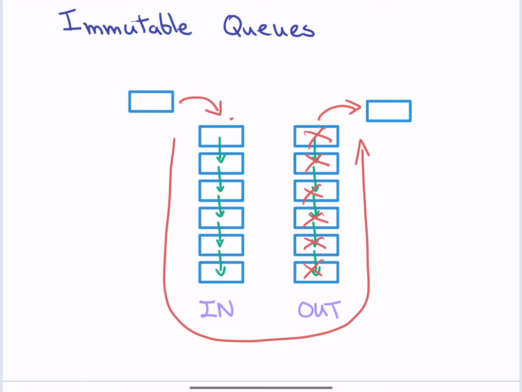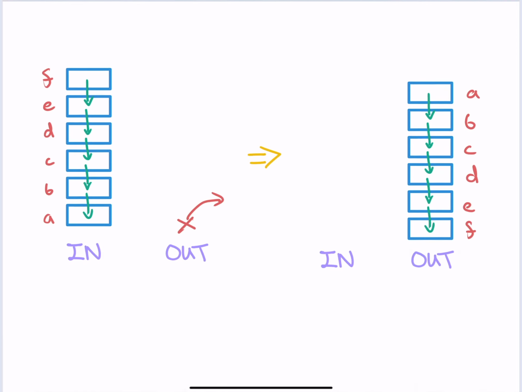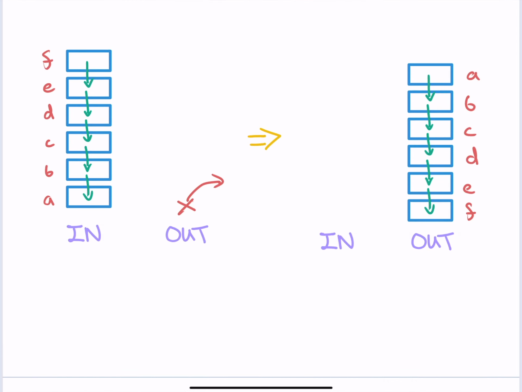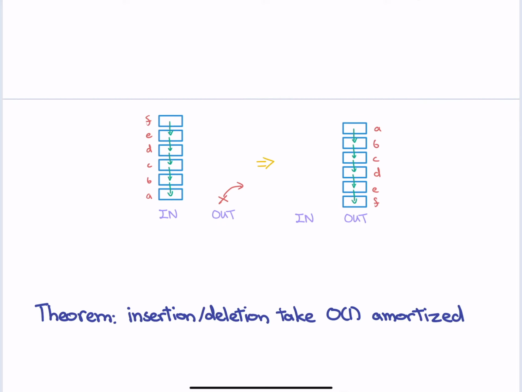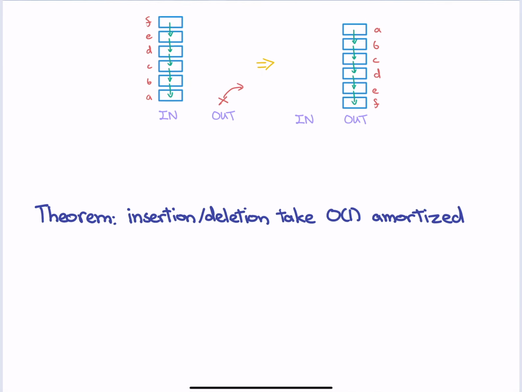Yeah, I can take this and flip it all over. So if I have something like this, the elements are listed A, B, C, D, E, F, and then I'll just flip them all over into the out stack.